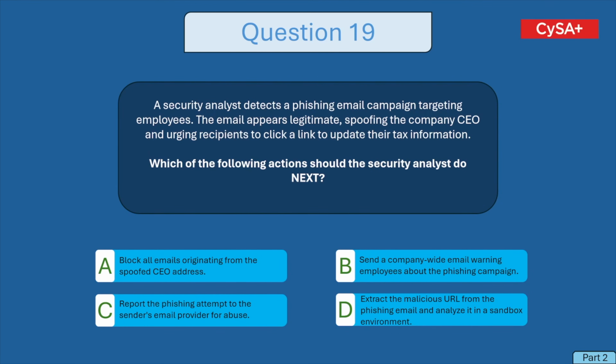Okay, so we know that it's a legit phishing email campaign targeting employees. For this one, I'm leaning towards A. At this point, you've determined that it's a spoofed phishing email, and now you want to try and contain it. So let's take a look.